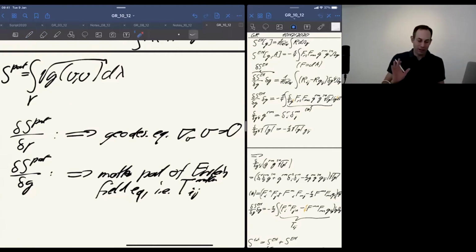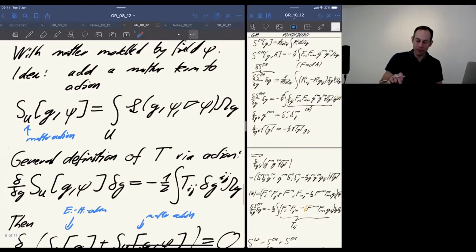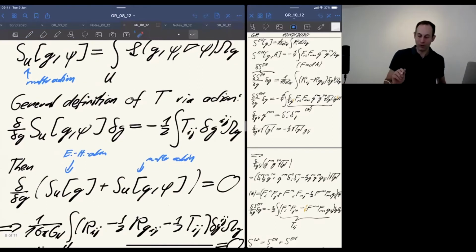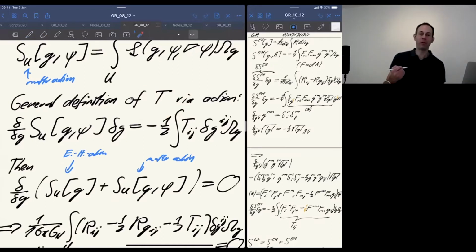So I hope, to conclude this interlude, this at least clarifies a point I made last time. The point was that we can generally define the energy momentum tensor in terms of an action, which is more natural. So rather than just somehow constructing T, which we did for particles, we say, let's take whatever action we have.